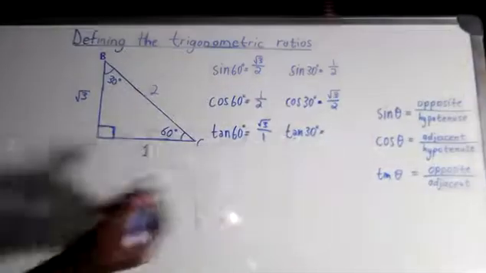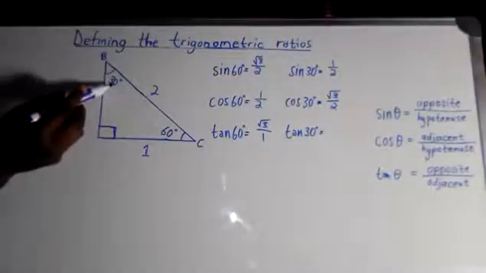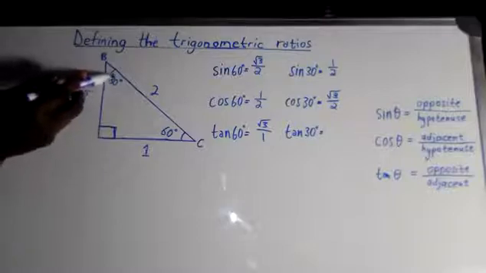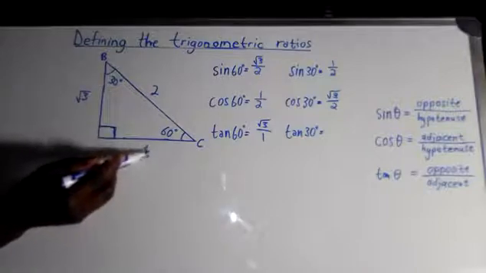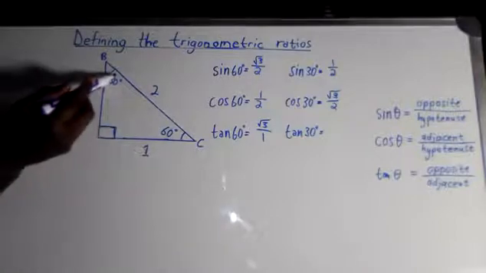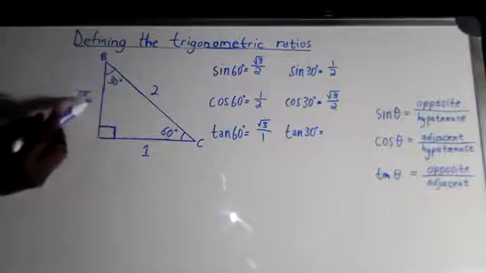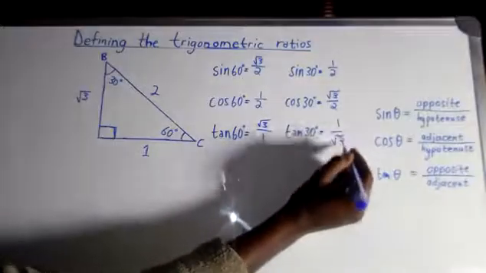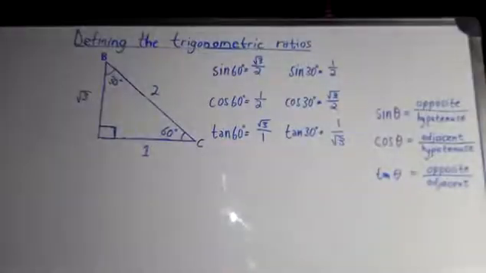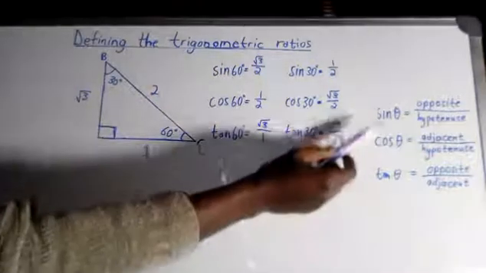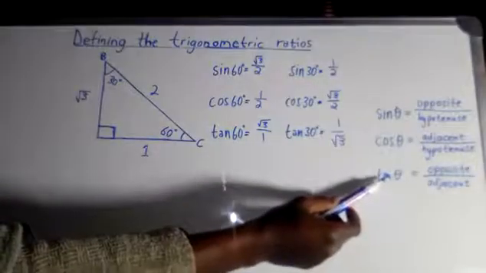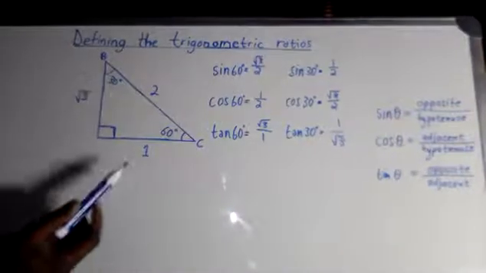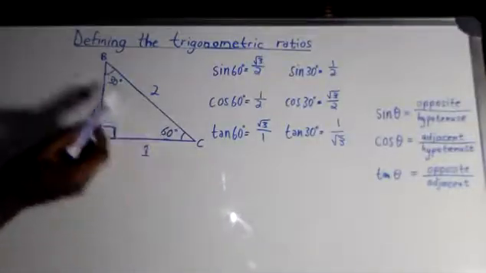Tan 30 degrees. I go to 30 degrees. The opposite side is always opposite my angle. So this is my new opposite, different from when I'm working with 60 degrees. And your adjacent is always below your angle. So opposite over adjacent is 1 over root 3. So the rule does not change for sine, cos, and tan. What changes is the angle that you are focusing on.